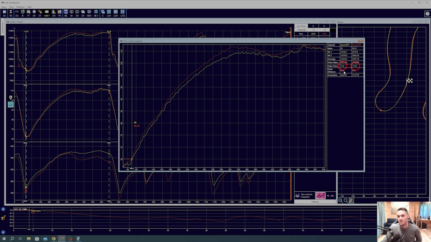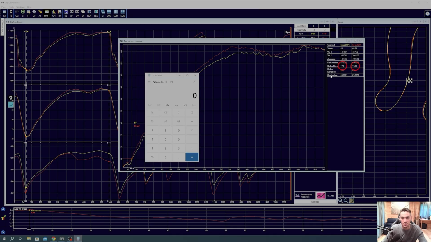Here you can see the delta distance, which is very nice to see. So 474 meters in 17.8 seconds for the yellow. For the red, the same distance, 474 meters in 17.53 seconds. Let's make a calculation: 17.8 minus 17.53, and you will see the difference in lap time from only this straight.